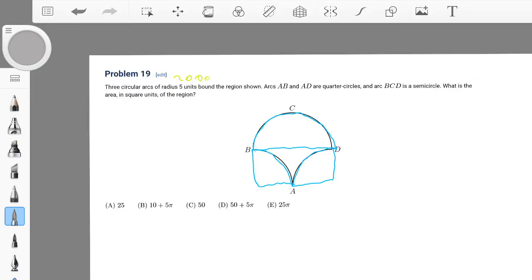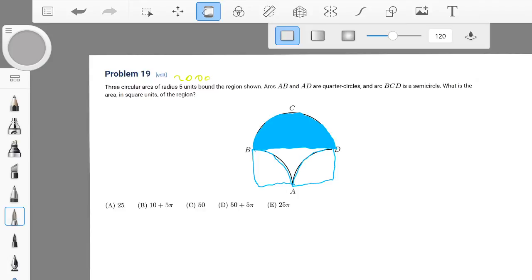Let's first bucket these in. That's what we're trying to find, and these are kind of like holes.